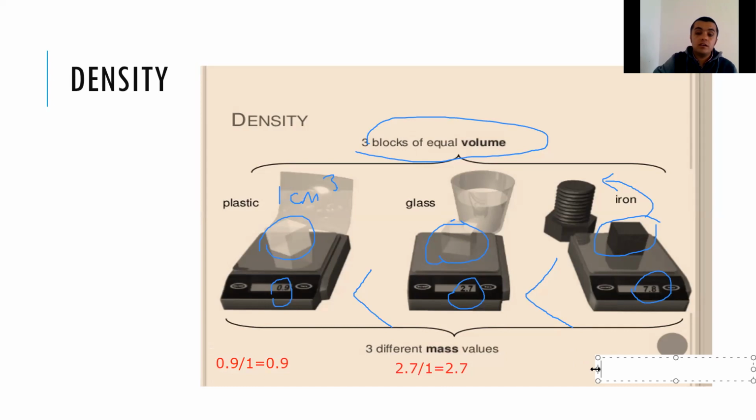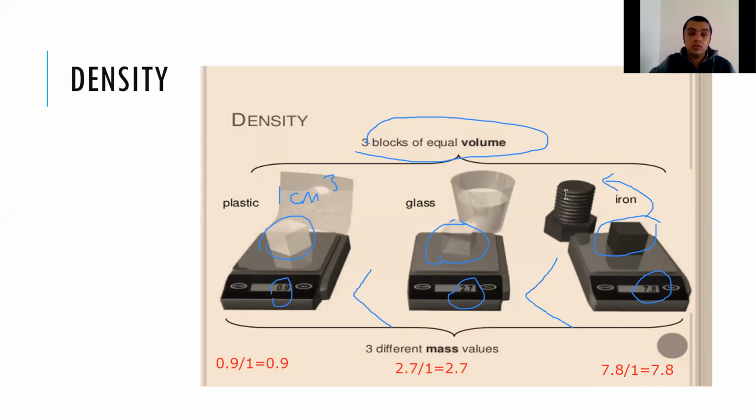What about the last one, iron? What we need to do is mass divided by volume. Mass should be in grams, and the volume in centimeter cube, and all of them we said are 1 centimeter cube. So that's going to be 7.8 divided by 1, which is 7.8 grams per centimeter cube.